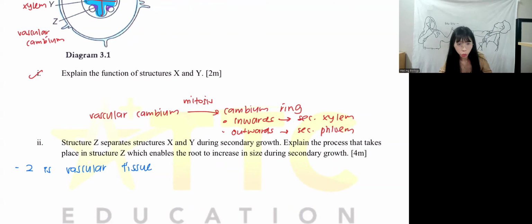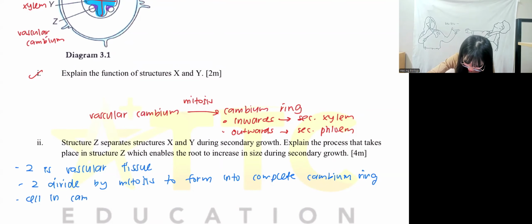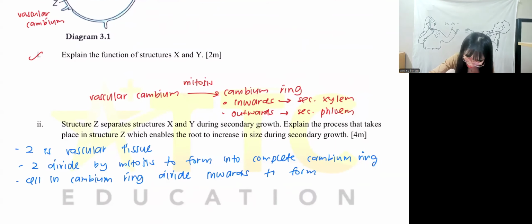Then we will write: Z divides by mitosis to form a complete cambium ring. Cells in the cambium ring divide inwards to form secondary xylem.